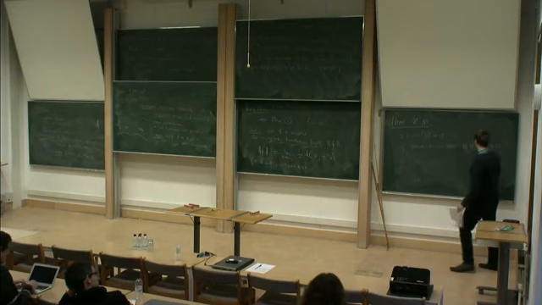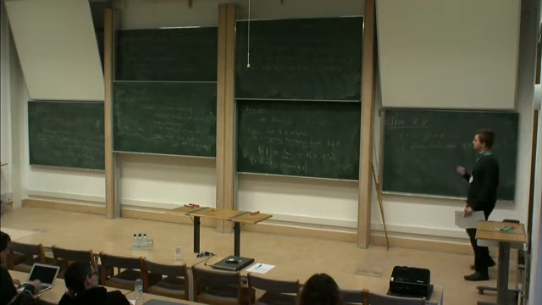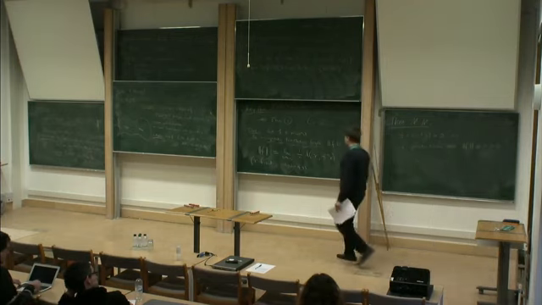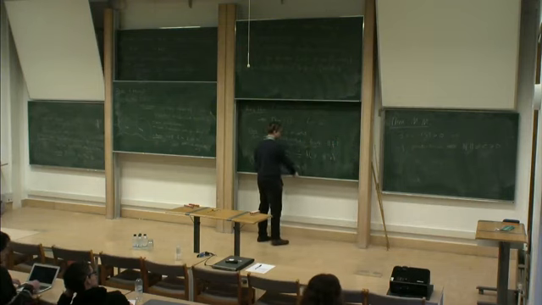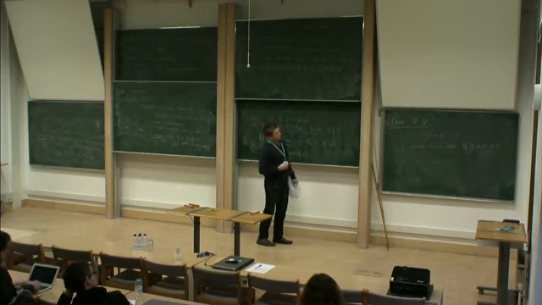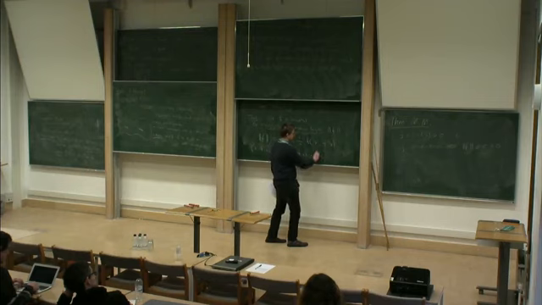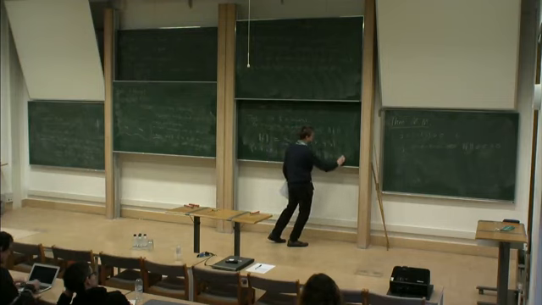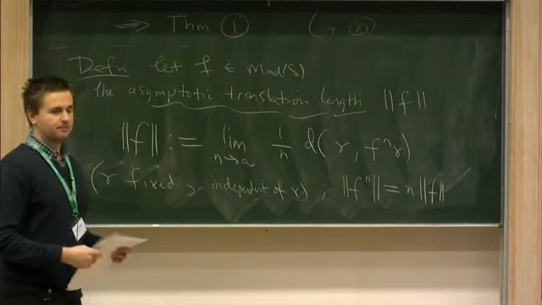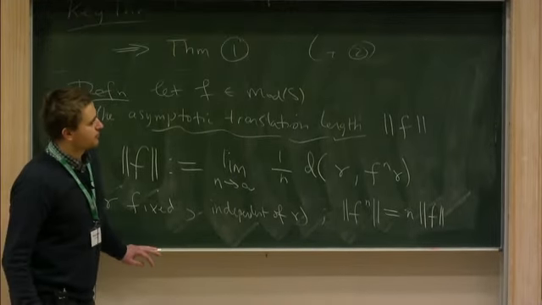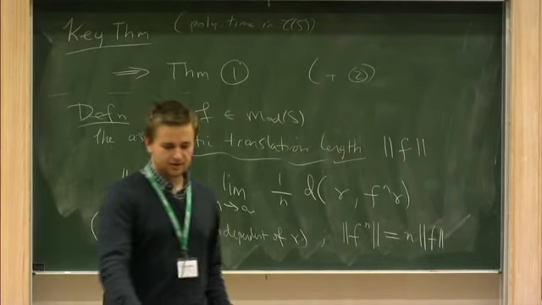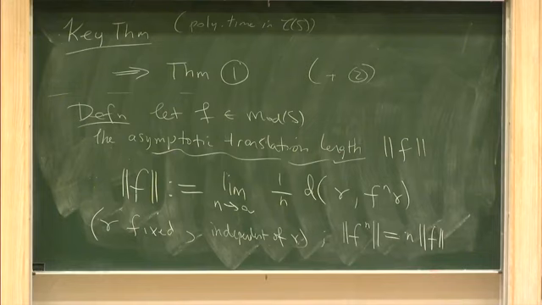Gadre and Tsai gave sharp estimates for c in terms of the genus, sort of polynomial in the genus. Before I move on, I just want to say that this asymptotic translation length has a nice property, that it's multiplicative under taking powers. Feel free to ask questions.